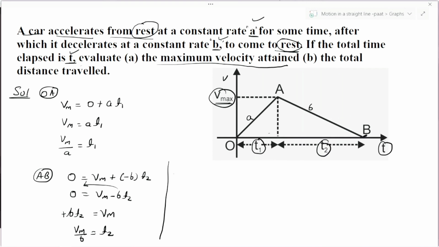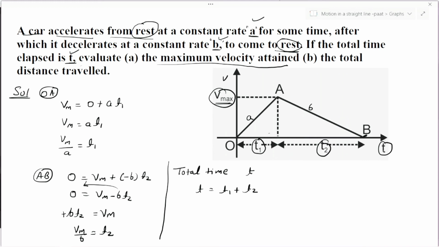The total time will be t. The total duration for the journey is t. So we are writing that the total time from start to end is small t, which is basically a sum of t1 plus t2.